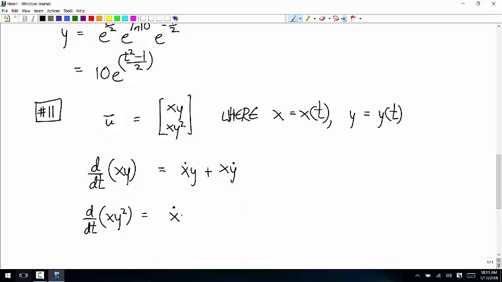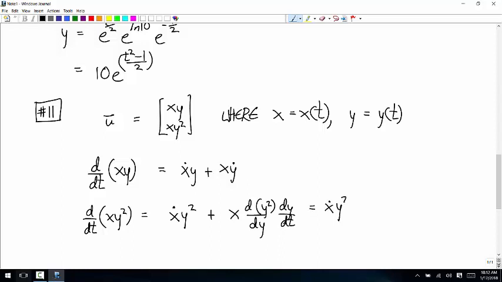So x dot times y squared plus x times, so now x times the chain rule says we're going to take the derivative of y squared with respect to y times dy dt.